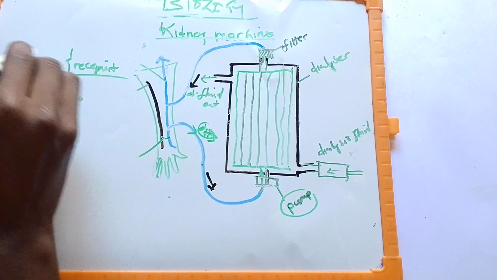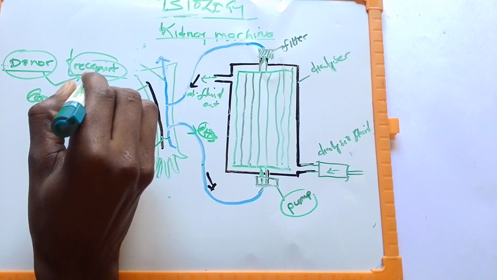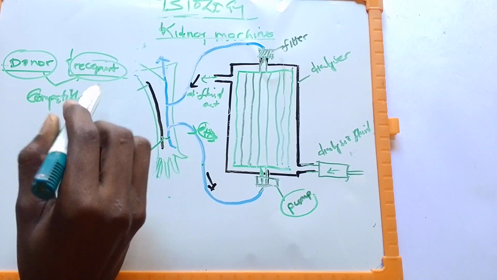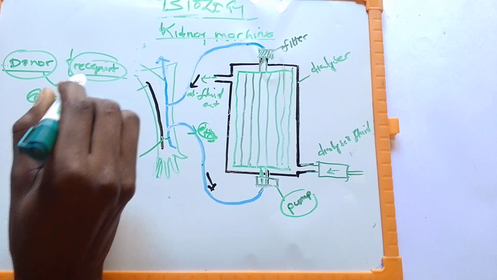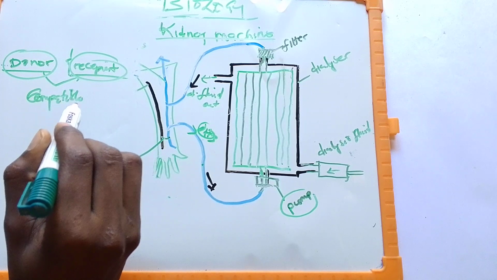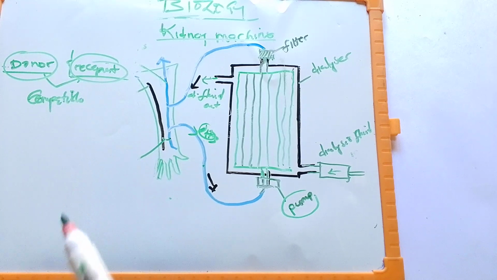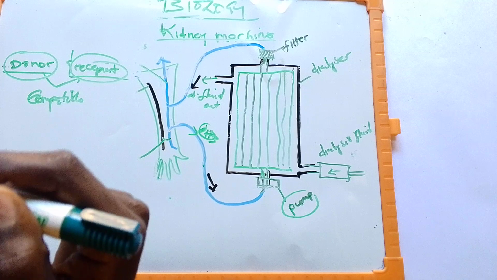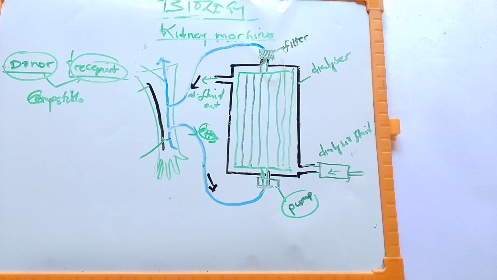If the tissues of a donor and the recipient are not compatible, it means the immune system in the recipient will produce white blood cells, which will start fighting the tissues of the donor, thinking they are intruders. Hence, the process won't be possible. So the donor and the recipient tissue must be compatible. This is the reason why they often prefer to use a relative, because the tissues of our relatives are similar to each other, unlike a person who is not your relative.